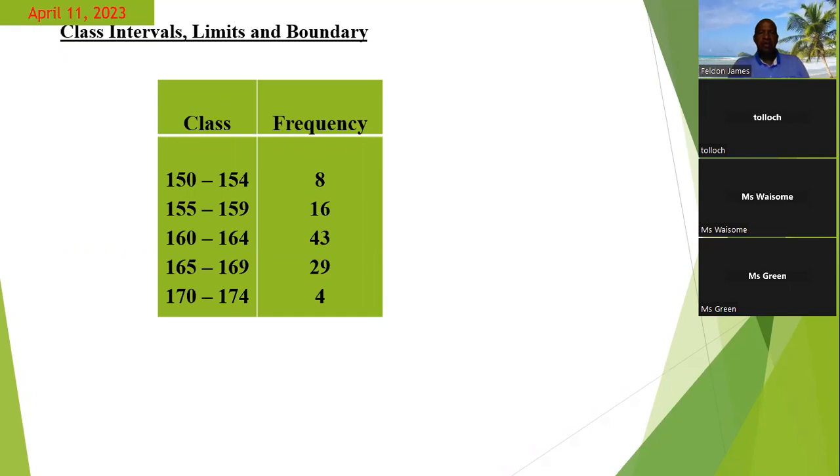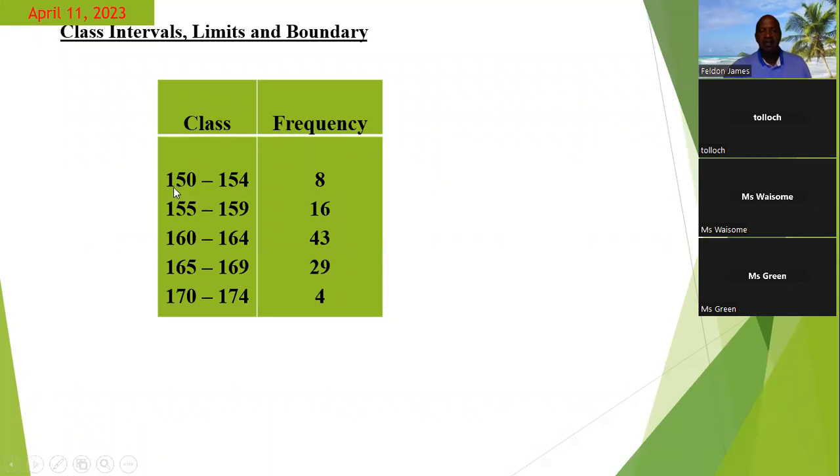Now, first thing we talk about is class, sometimes referred to as class intervals. If you talk about the class interval here, the first class interval would start at 150 and end at 154. So that's a class interval. You could look at each class and say that each class has an upper limit and a lower limit.